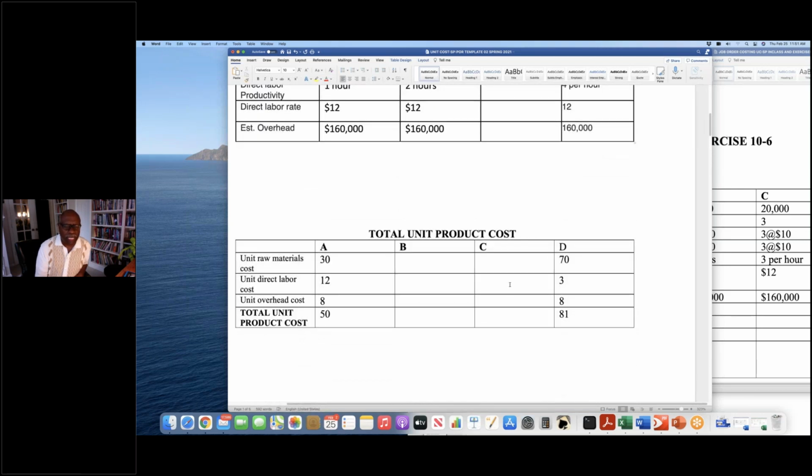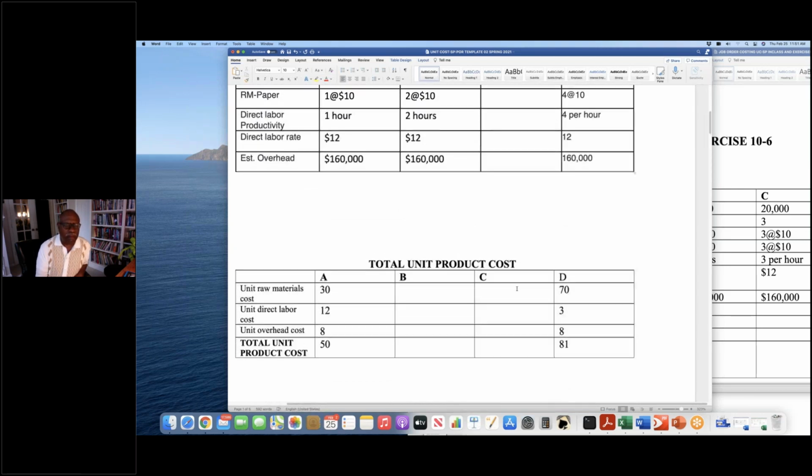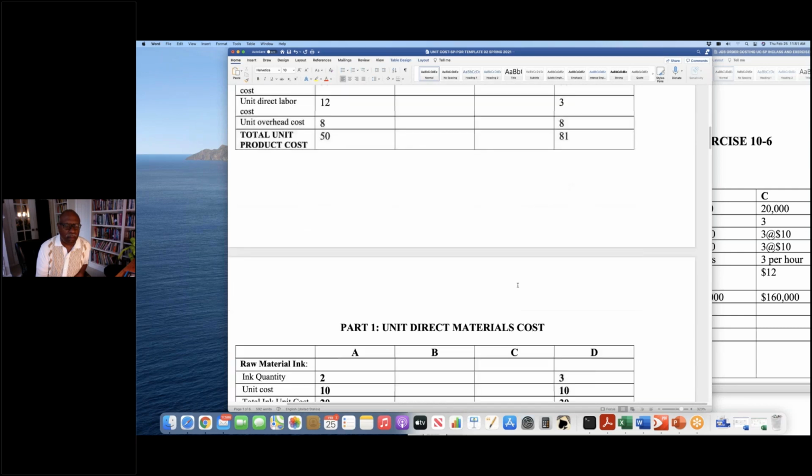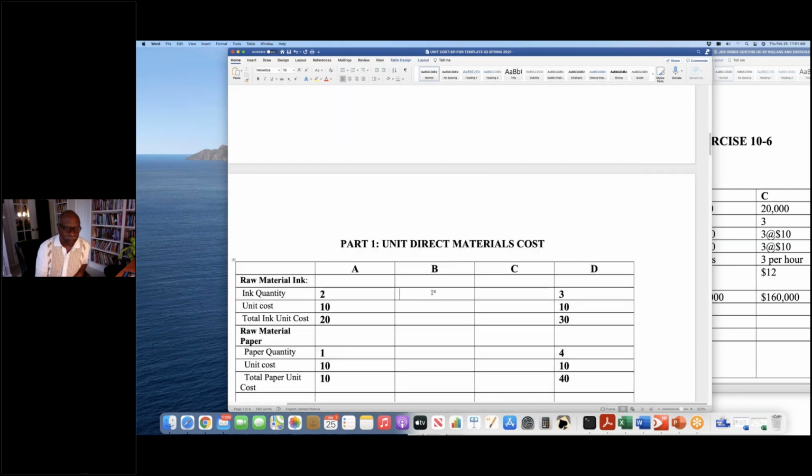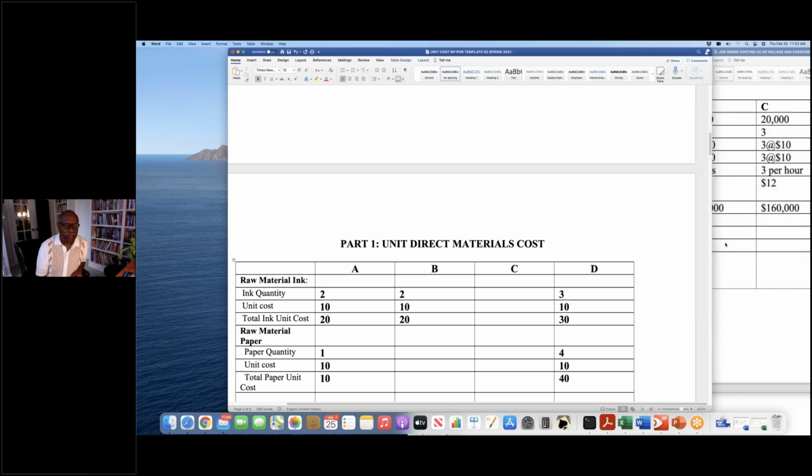Okay. We're going to go to raw materials. What's the ink? At $10 is the unit cost. What's our quantity? 2. Unit cost? 10. So this is what? 20.